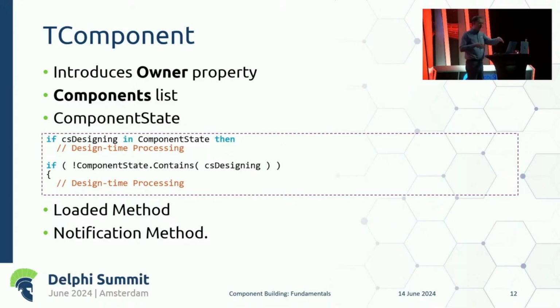Well, the notification method is built into the VCL so that whenever the components list changes, it will call all the other controls and call their notification method so that they can clean themselves up. So if you just remember for component references, you really need the notification method. That's the thing to look for if you're ever doing something to implement that.